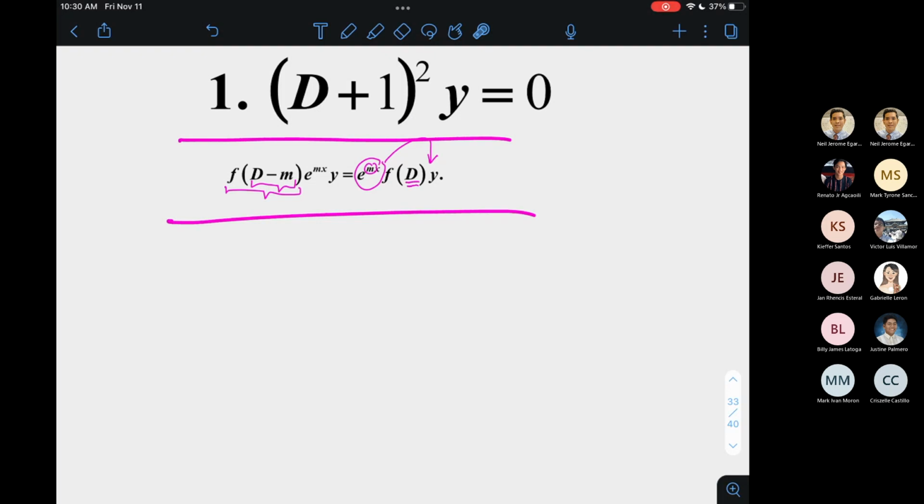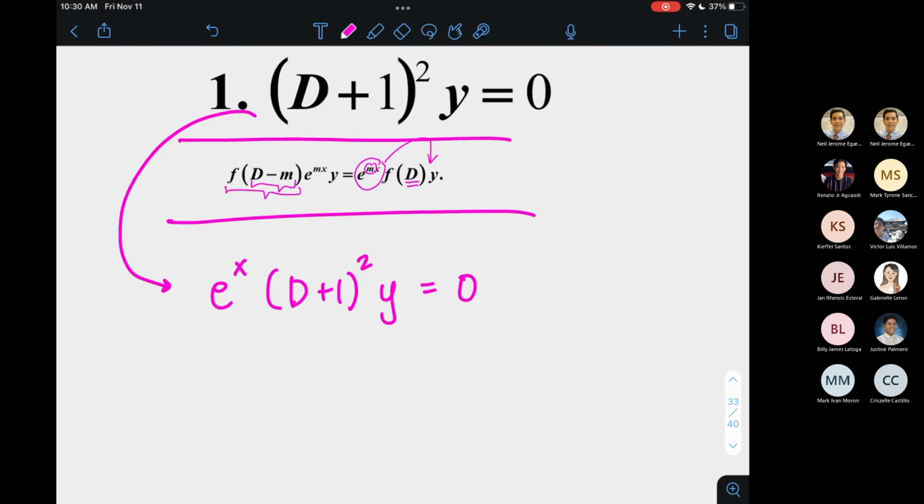So kailangan meron akong e to the 1x, right? So I'll multiply both sides by e to the x. E to the x times d plus 1 squared y equals 0 pa rin yung right-hand side. Essentially, nag-multiply lang ako ng exponential function to both sides.